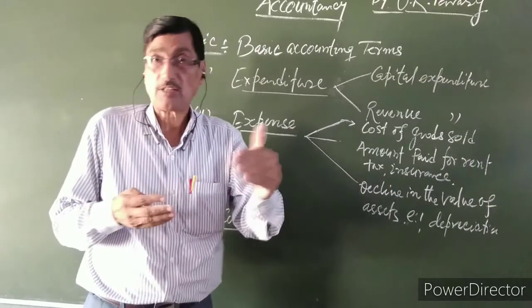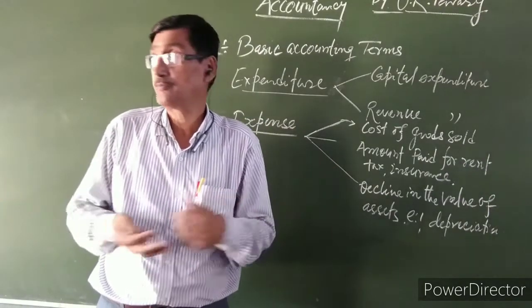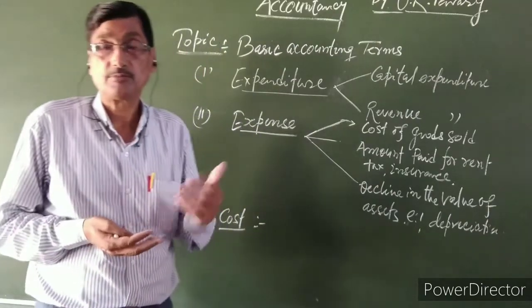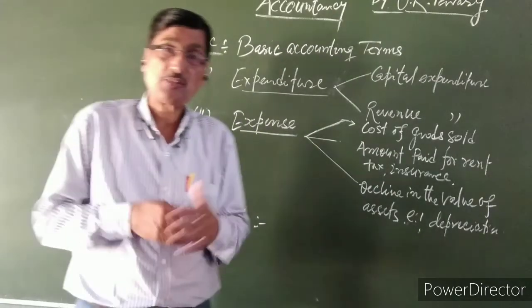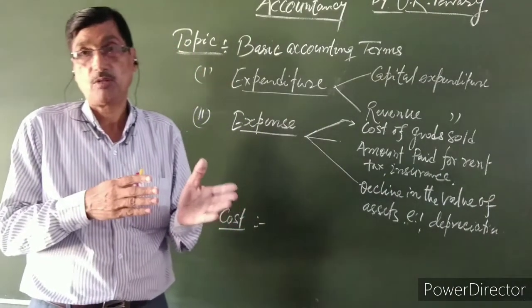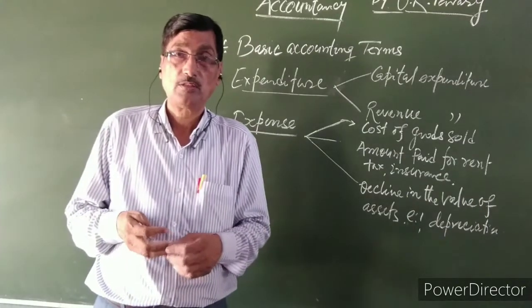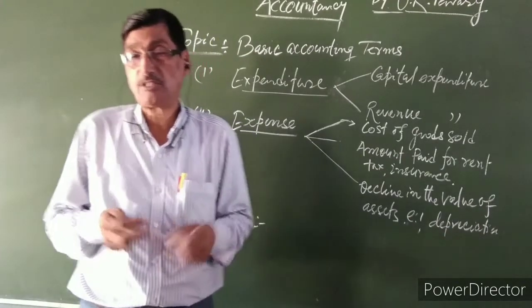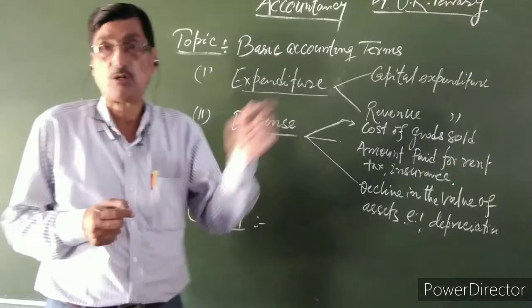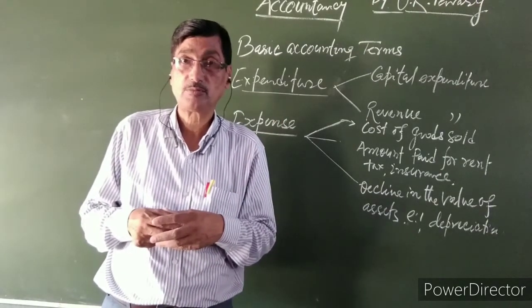Cost is again classified into various types on the basis of its nature: fixed cost, variable cost, semi-variable cost. Fixed costs are those which remain constant and do not change with the change of output, for example factory rent, shop rent.